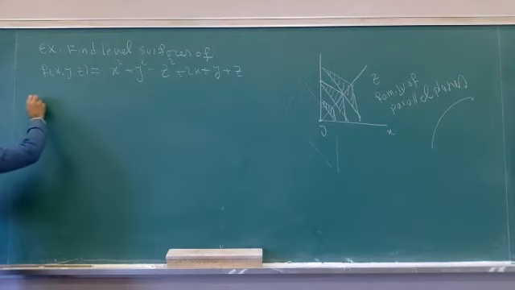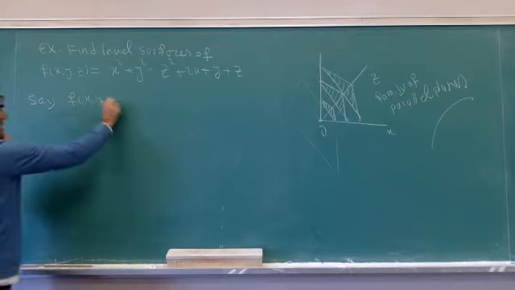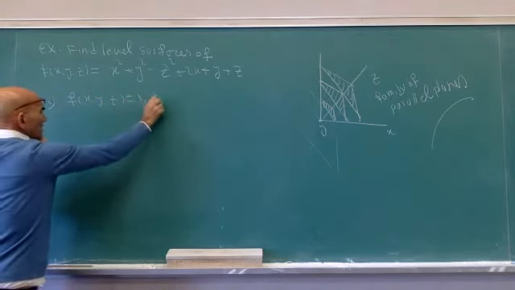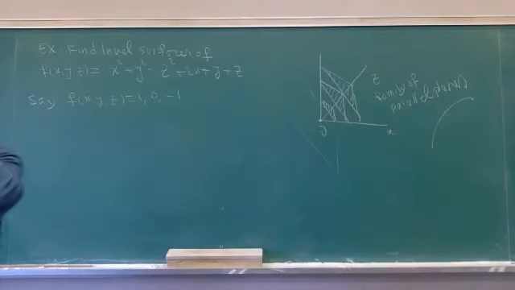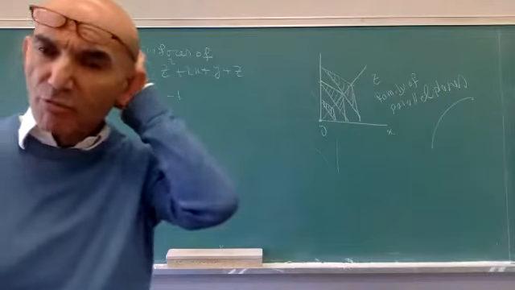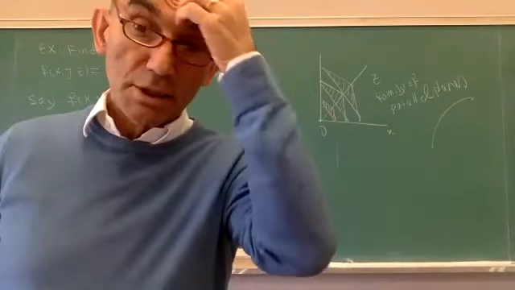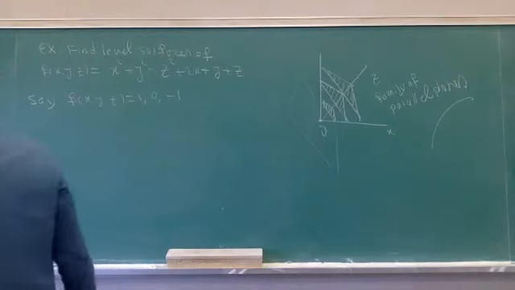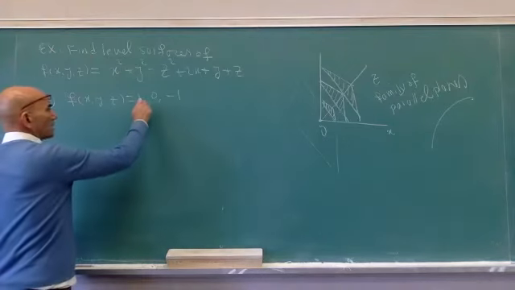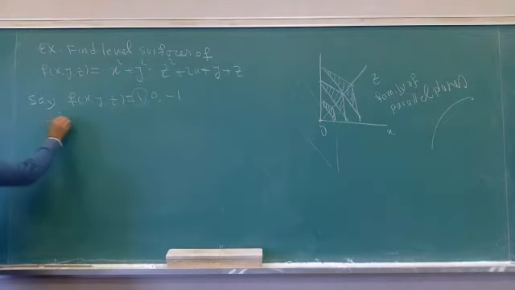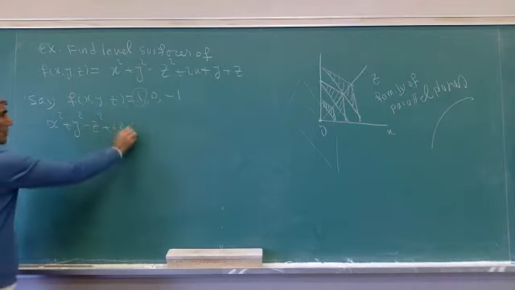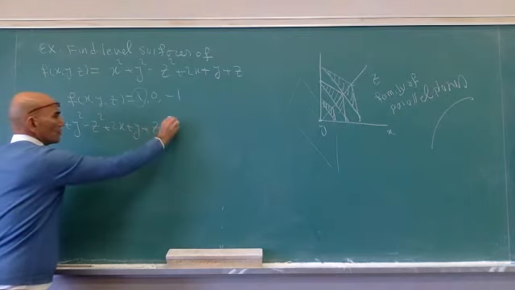Say f of x, y, z equal to 1, 0, and minus 1. So I want you to draw the level surface of this function for 1, 0, and minus 1. Let's start with 1. So the question is, how do you draw this surface, x² plus y² minus z² plus 2x plus y plus z equal to 1.